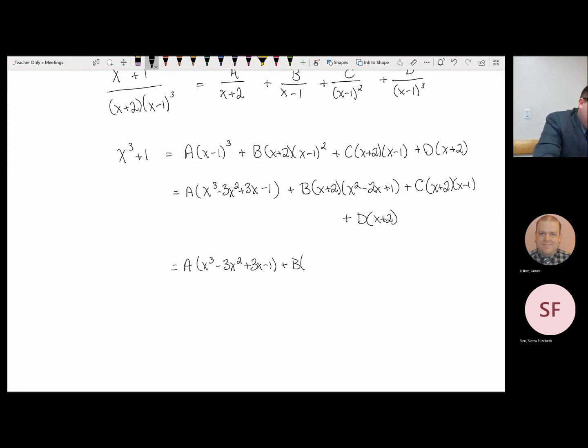Distribute x plus 2 through. We're going to have an x cubed minus 2x squared plus 2x squared. That's nice. Then it looks like what? Plus x minus 4x minus 3x and then plus 2.